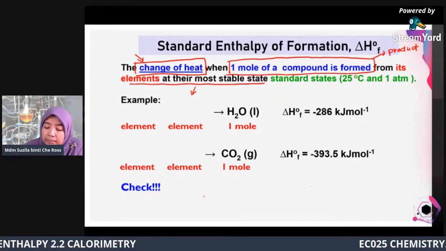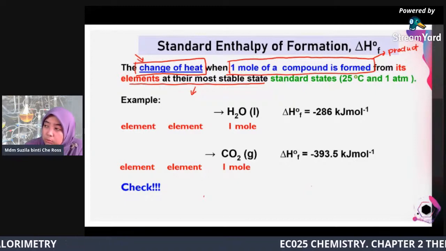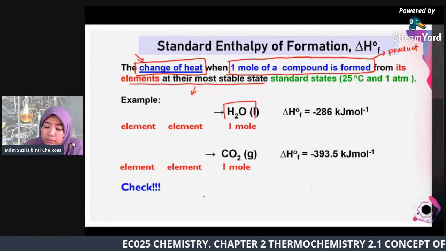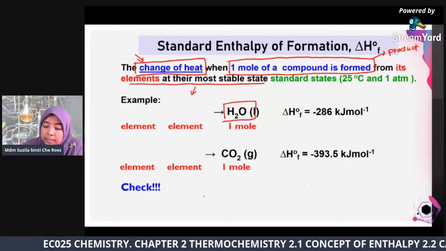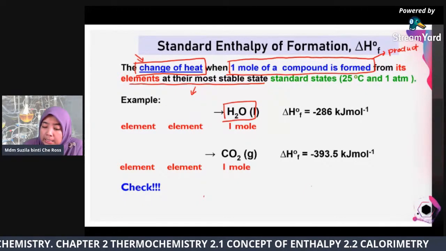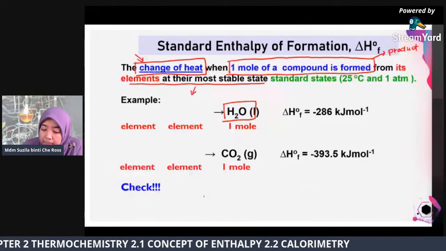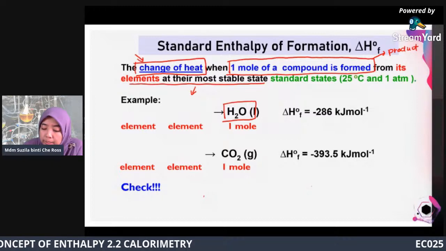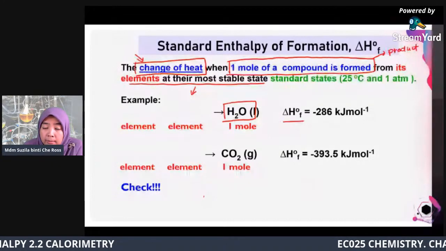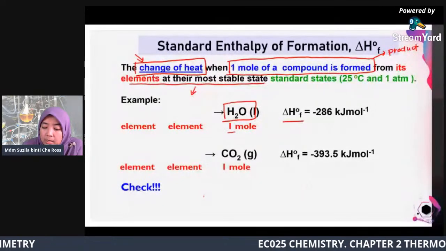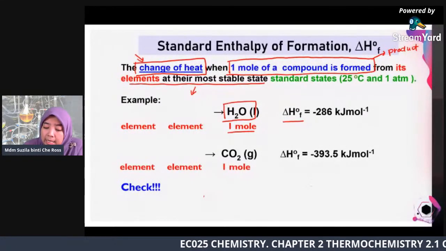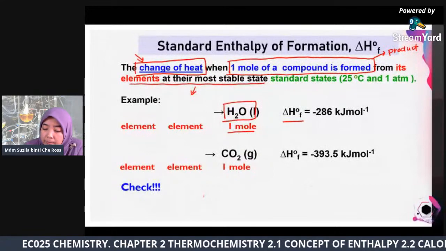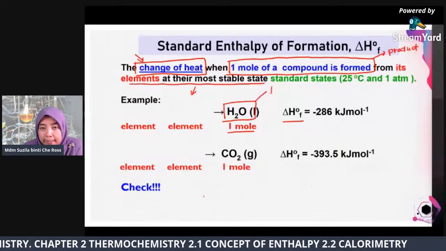So, for example, here we have H2O molecule. Now we want to discuss about delta H formation. So formation of H2O means H2O here need to be 1 mole lah. And then we take a look. In H2O molecule, we have hydrogen atom and oxygen atom.